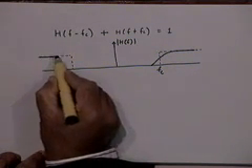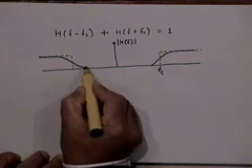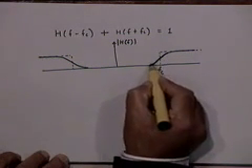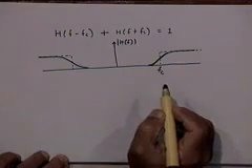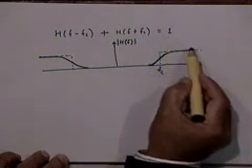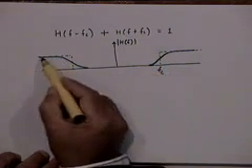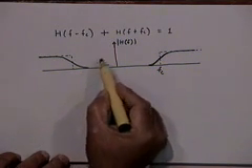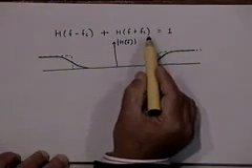So the transfer function looks something like that, right? And basically what we are saying is that this transfer function should have a shape which satisfies this condition.